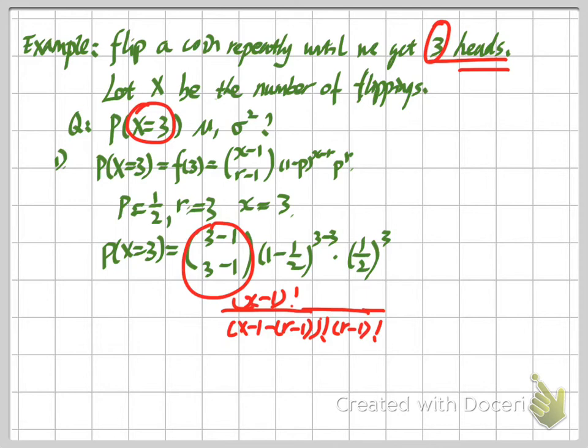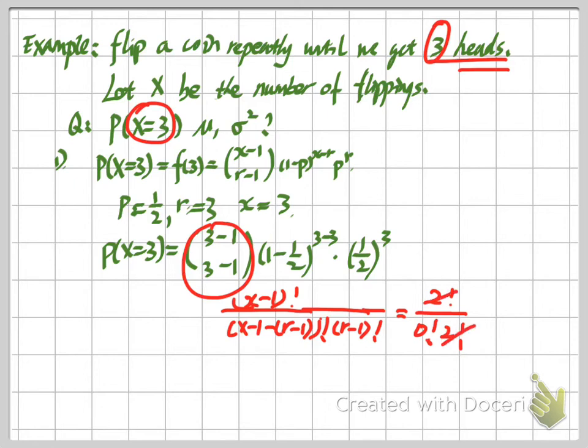And here, if you compute all of them, you can find this is equal to what? Plugging in x equals 3 and r equals 3, this is 2 factorial divided by 0 factorial and 2 factorial. By the property of the factorial, 2 factorial divided by 2 factorial, they cancel each other.